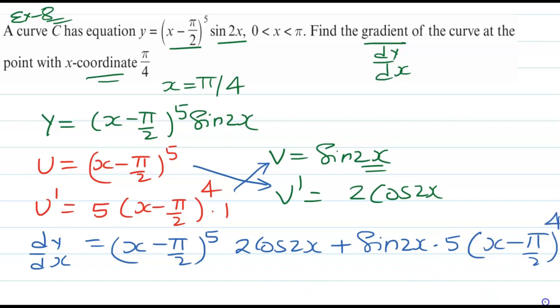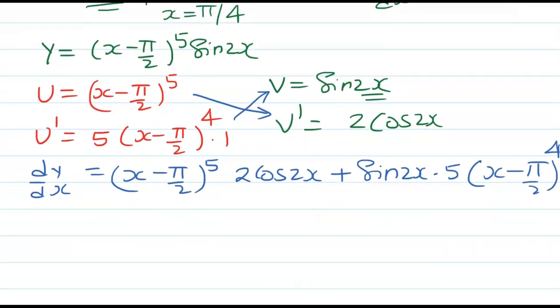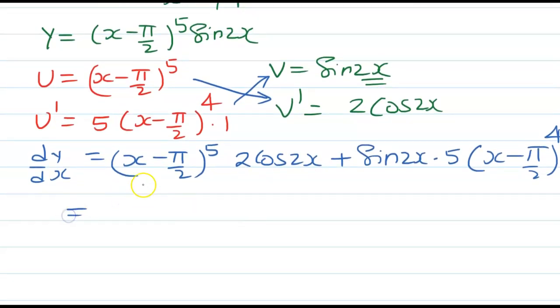Okay, now let's simplify. So (x minus pi by 2) to the power 5 and 4.